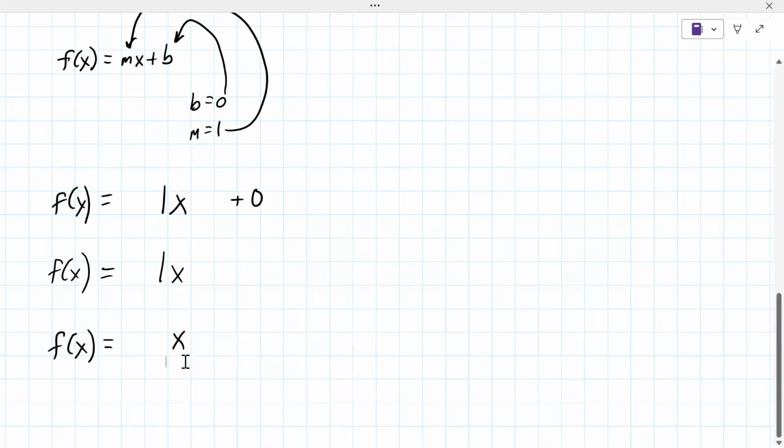Okay, is this a linear function? That's a linear function. Did it start out as a linear function? So what did we do that would change it from being a linear function?